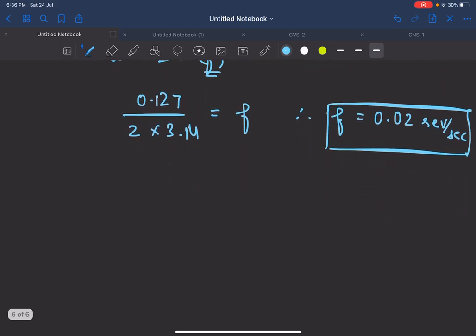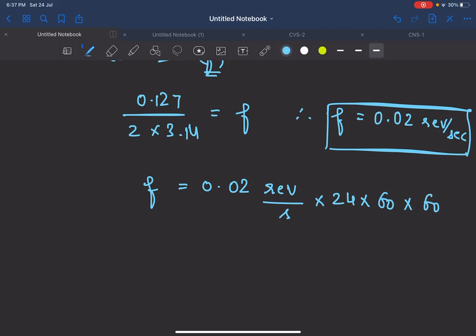Now we just have to convert this revolution per second into revolutions per day, because the answer was supposed to be given in revolutions per day. The conversion factor is very simple. Each day has 24 hours, each hour has 60 minutes, and each minute has 60 seconds. Very simple.